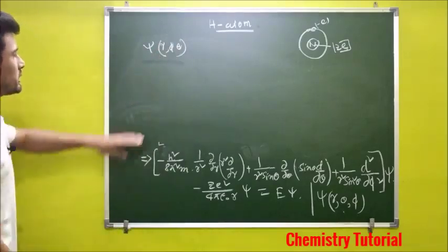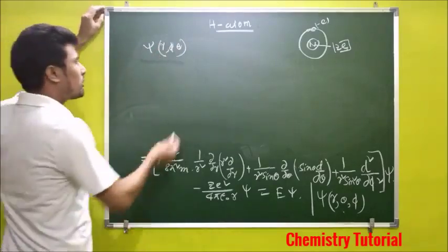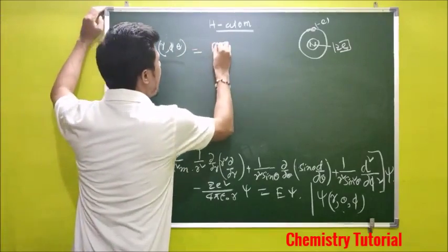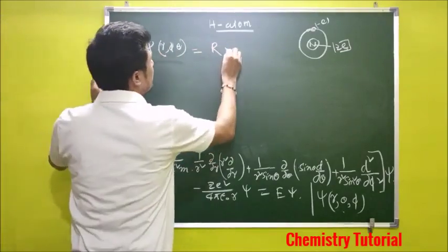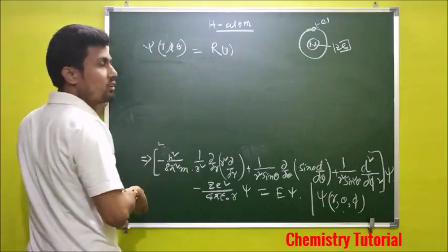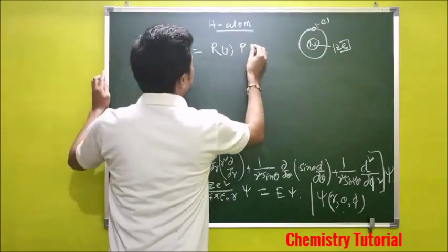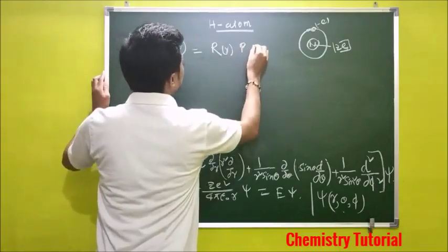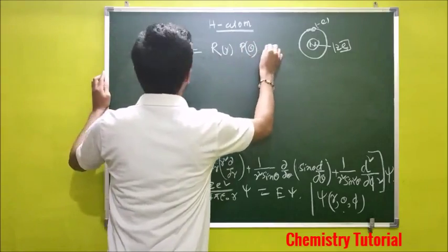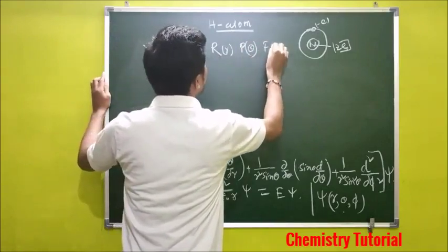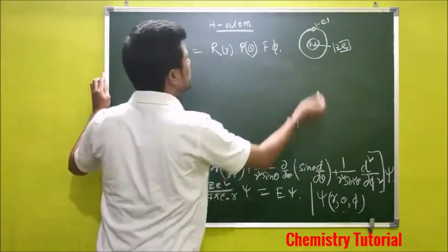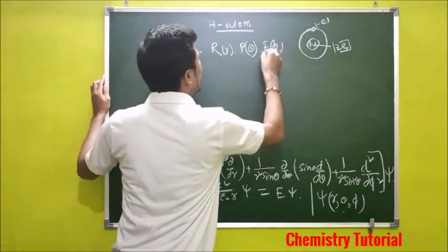This psi can be expressed as a product of three functions, that is R, that depends on r only, P, that depends on theta, and F, that depends on phi, okay.